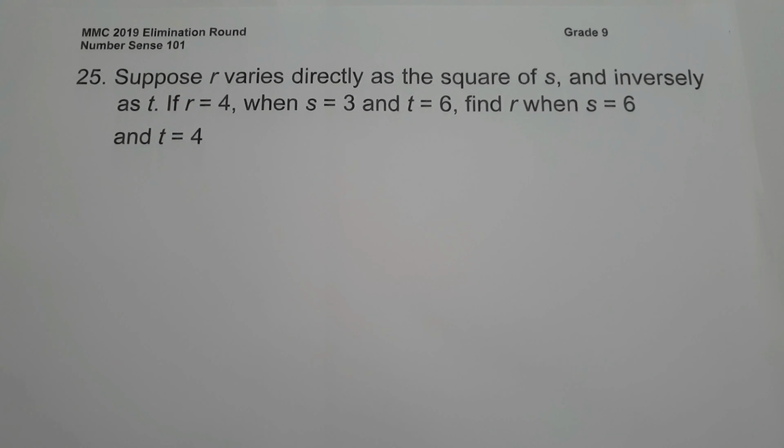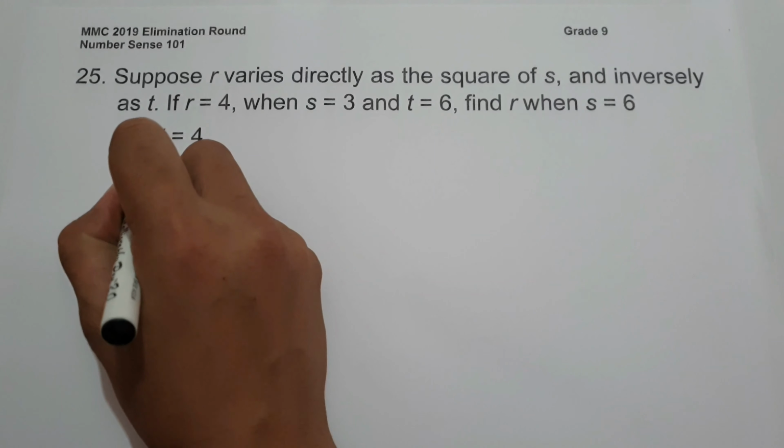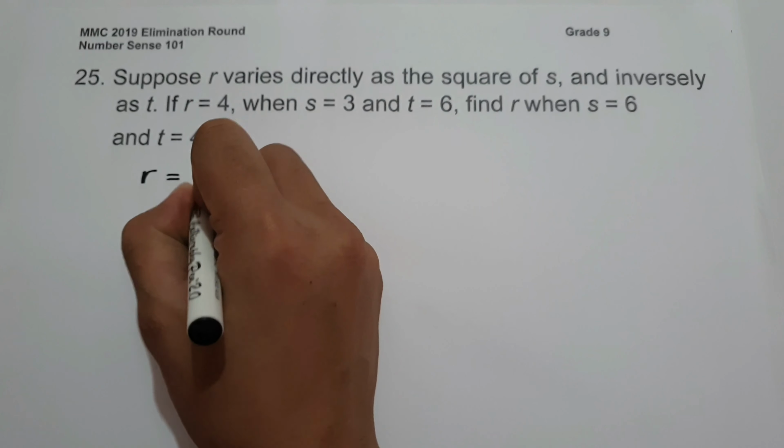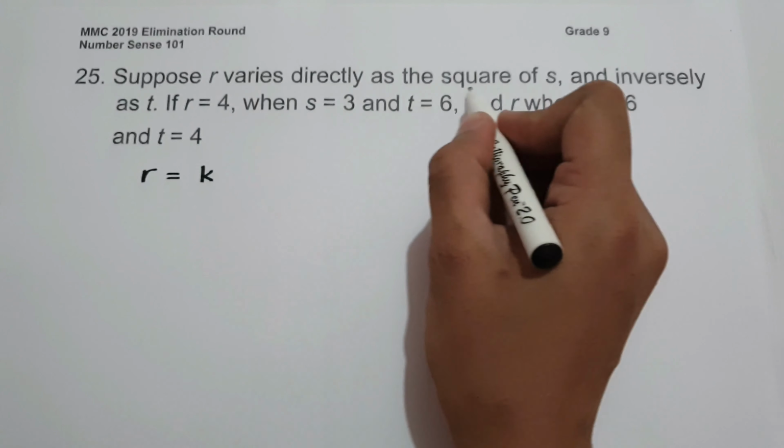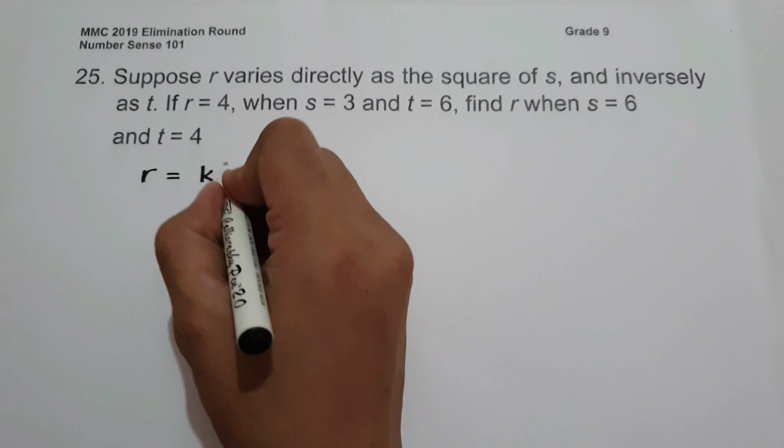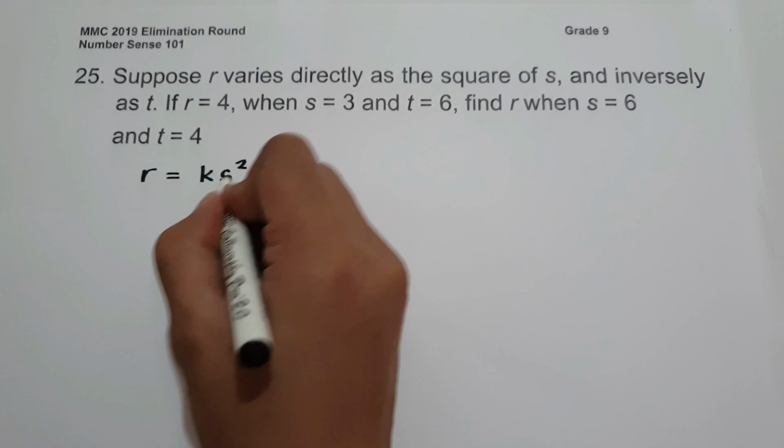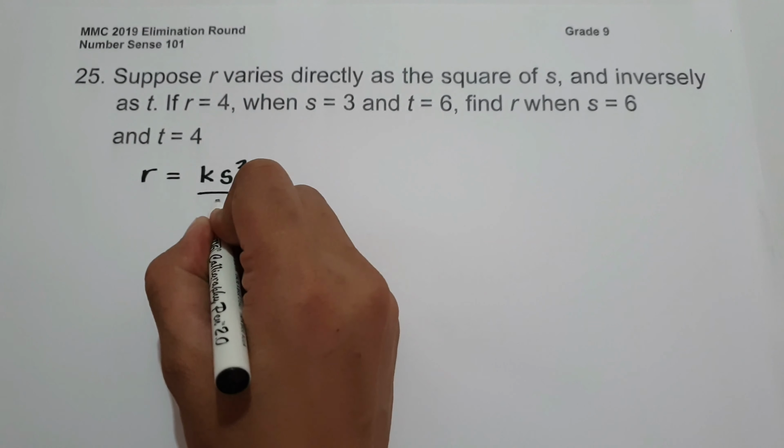For number 25, suppose r varies directly as the square of s and inversely as t. If r is 4 when s is 3 and t is 6, find r when s is 6 and t is 4. So to find the value of r, let us have the equation, that is r equals k, varies directly as the square of s, that is s squared, inversely as t.